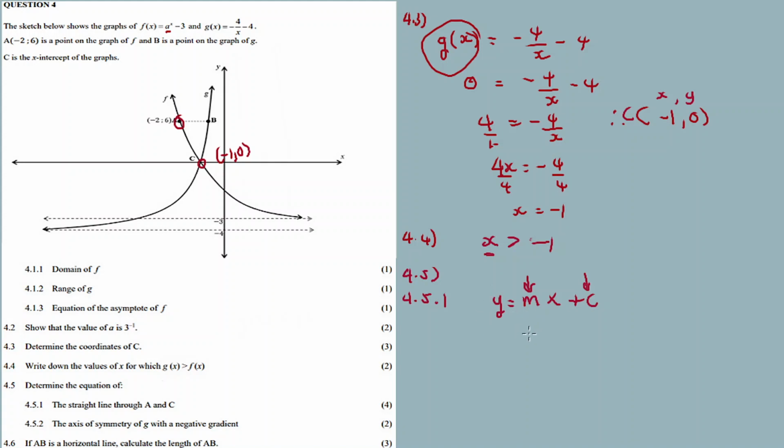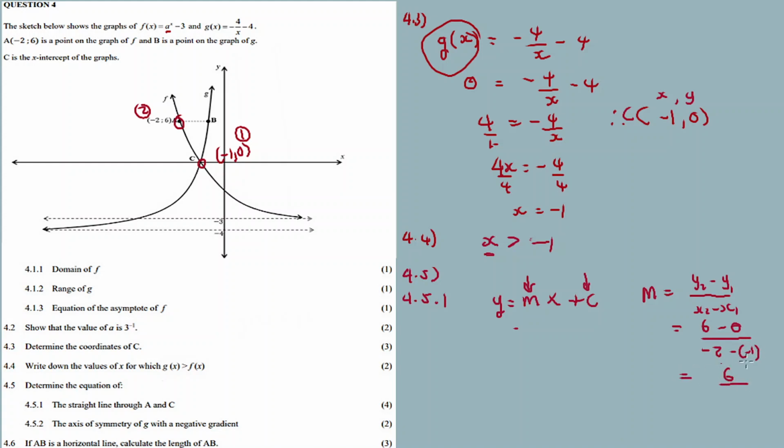So for the gradient, I can just say the gradient m is equal to y2 minus y1 over x2 minus x1. So we're going back to paper 2 analytical geometry. Point A, point C. So y2 is 6 minus y1 which is 0, divided by x2 negative 2 minus x1 negative 1.